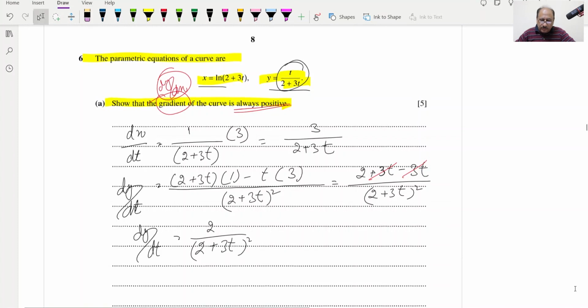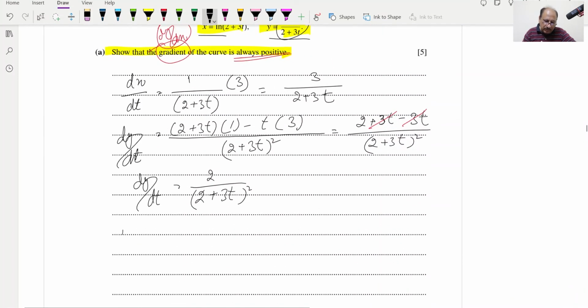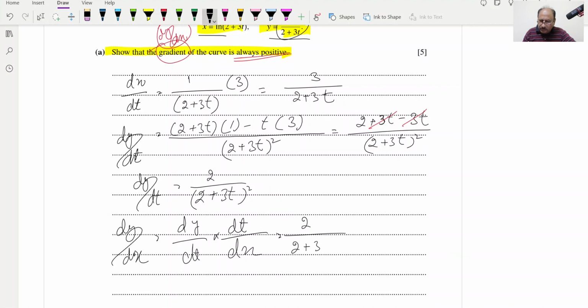Now we got both values, dx by dt and dy by dt. Now we can write the chain rule: dy by dx will be equal to dy by dt into dt over dx, and this will be equal to dy by dt, which is this value. So we will write over here 2 over (2 plus 3t) squared, and the reciprocal of dx by dt we have to take because we need dt over dx.